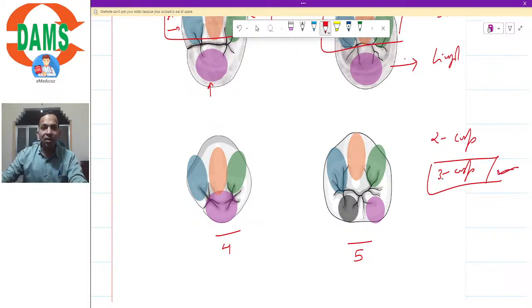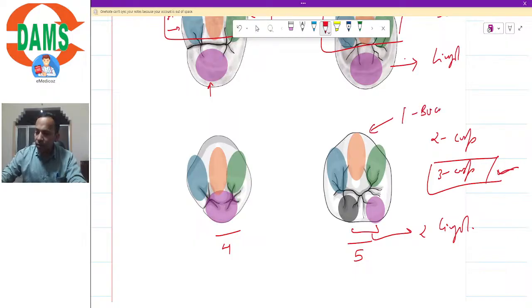In the 3 cusp type variant, we will have 2 lingual cusps and a single buccal cusp, right? So this is the more common variant. A lesser common variant is the 2 cusp type. The 2 cusp type second premolar would be made from 4 lobes, but the 3 cusp type is made up of 5 lobes.